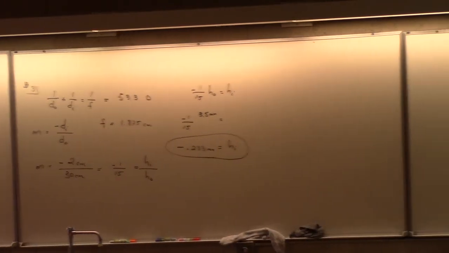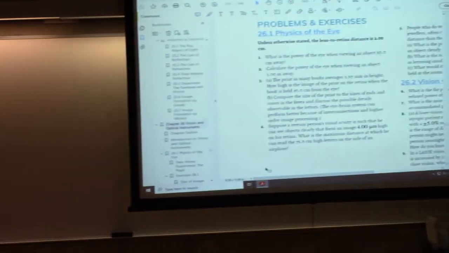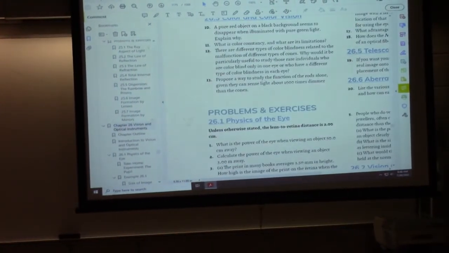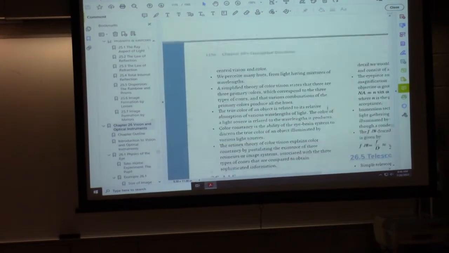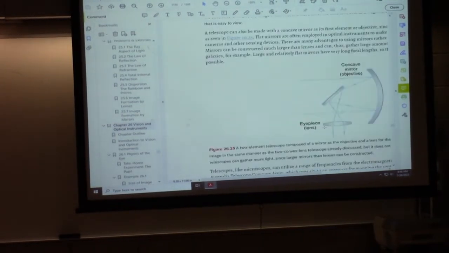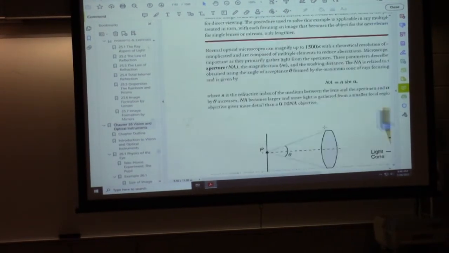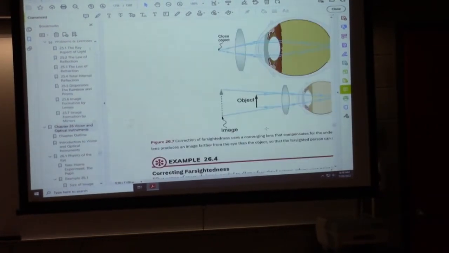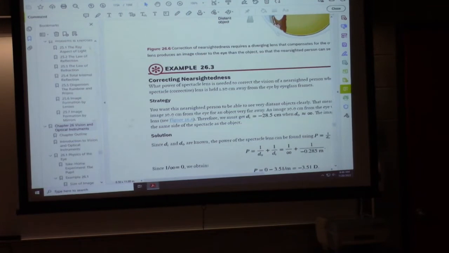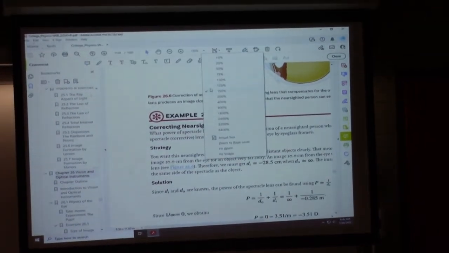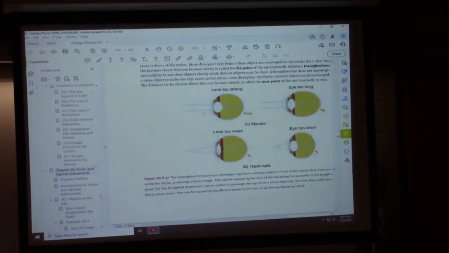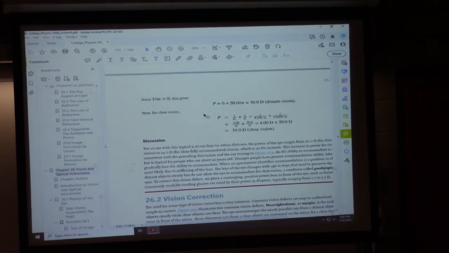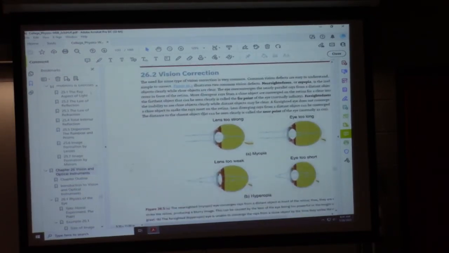And so we led into what could go wrong with the human eye: you might have too much strength or power to the lens, or you might have too little, and things don't come out quite in focus.